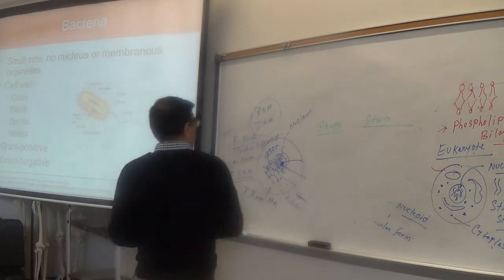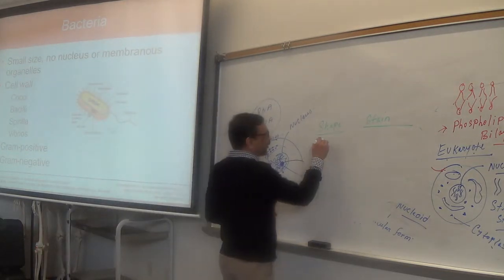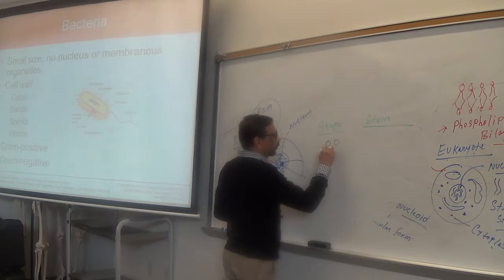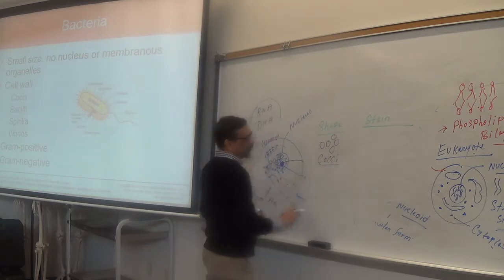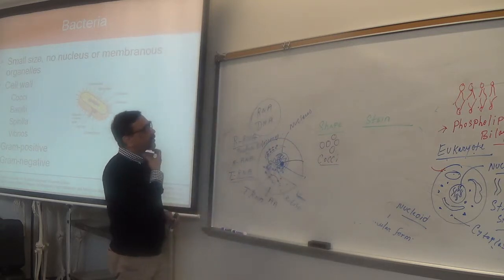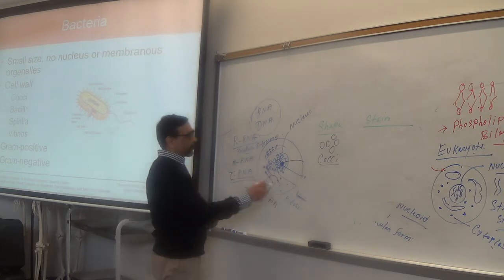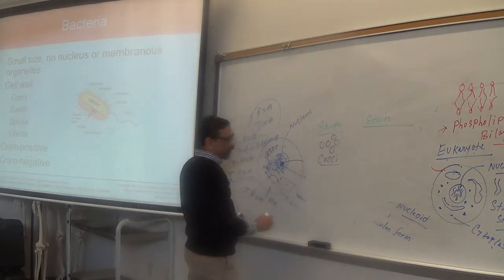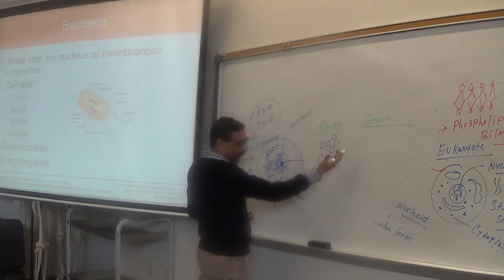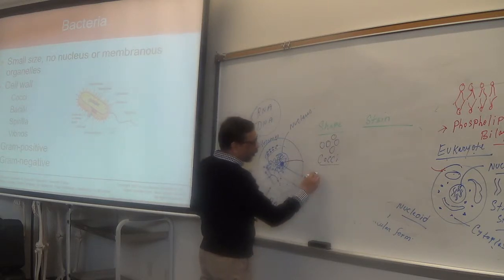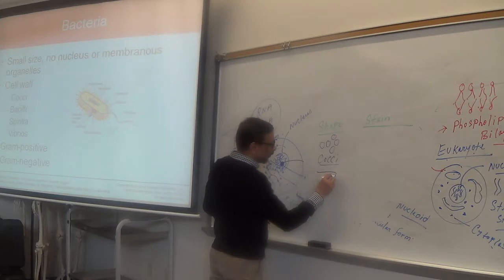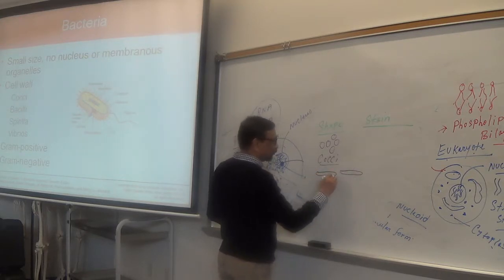Cocci are round shaped bacteria, like streptococci, strep throat. Bacilli, when we say i, that means plural, are kind of rod shaped bacteria.